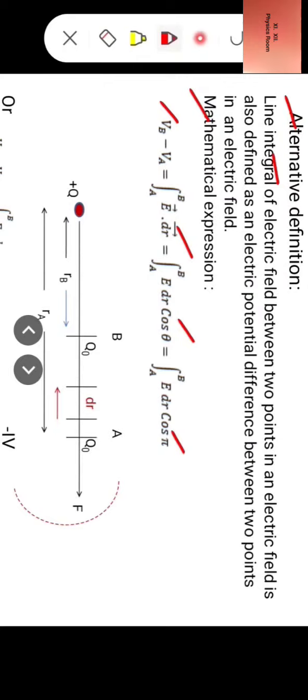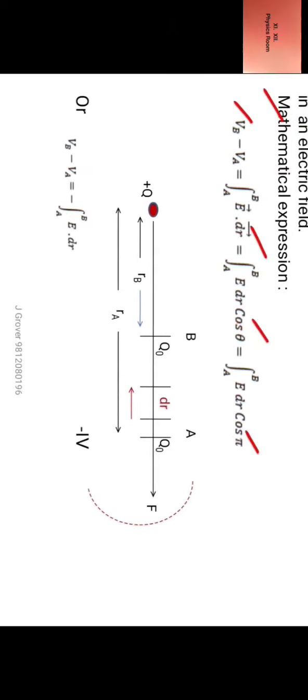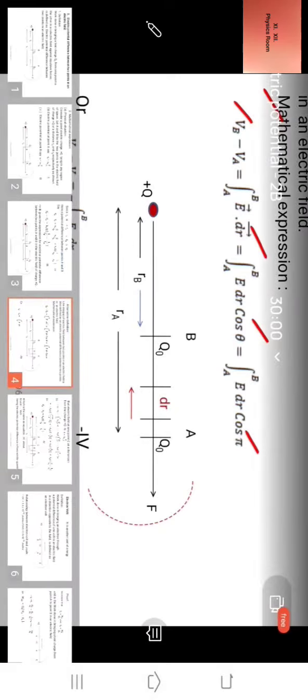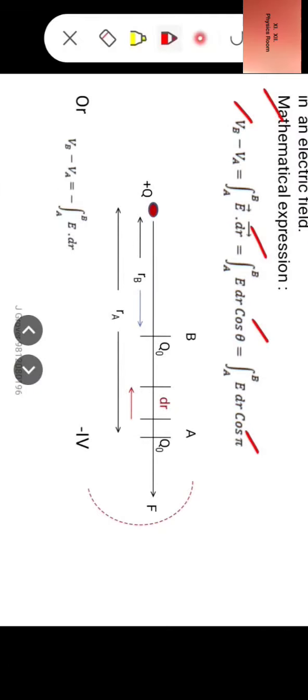So the angle between E and dr is pi. Okay, so we write Vb minus Va is equal to integration a to b E dr cos pi. So theta is replaced by pi, but cos pi is minus 1. So we write Vb minus Va is equal to minus integration a to b E into dr. Let us mark it as equation 4.